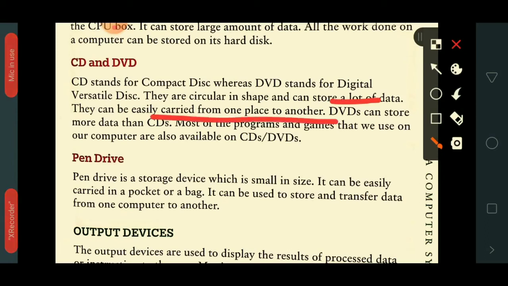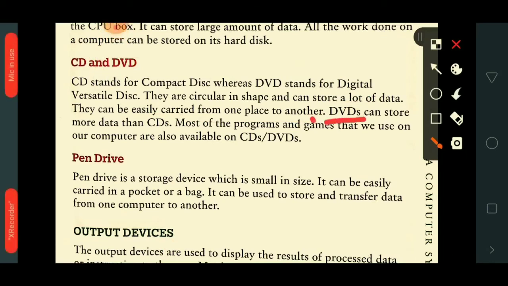You can save your drawing on a CD or DVD and carry it from one place to another. If you save it on the hard disk, you can't carry it, but if you save it on a CD or DVD, you can.